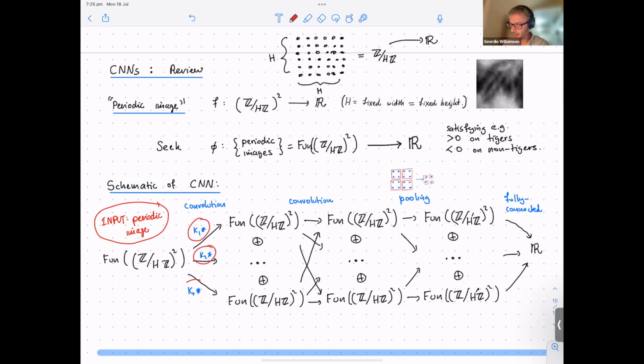Here are our filters, and this would be our first hidden layer. Then we apply another set of filters, and this would be our second hidden layer.